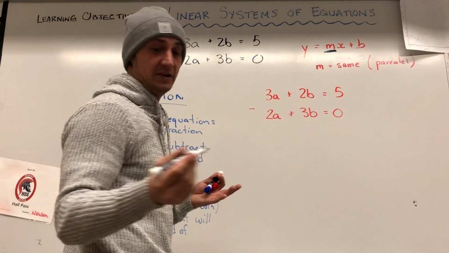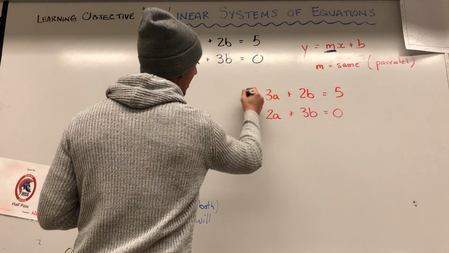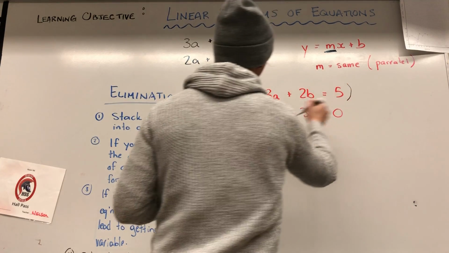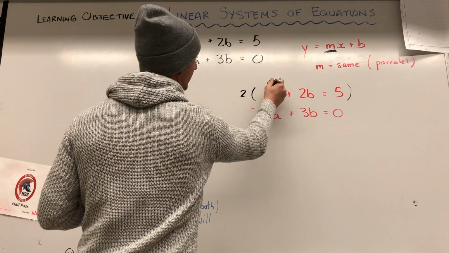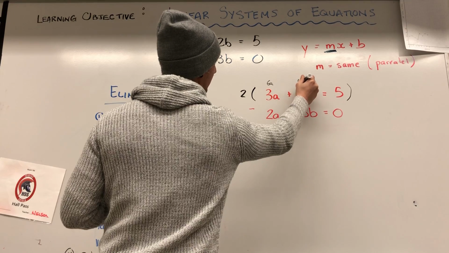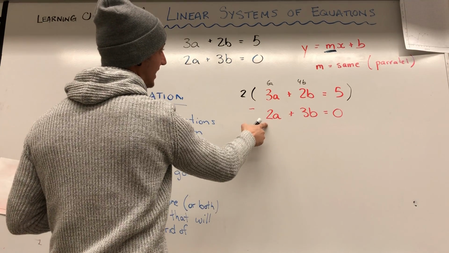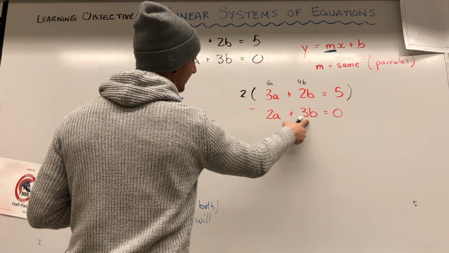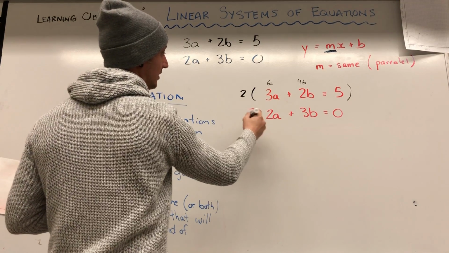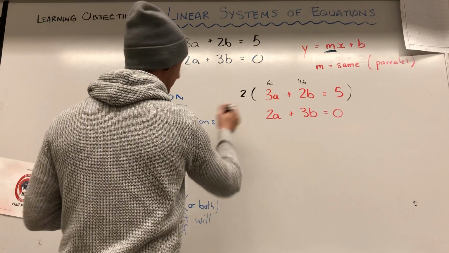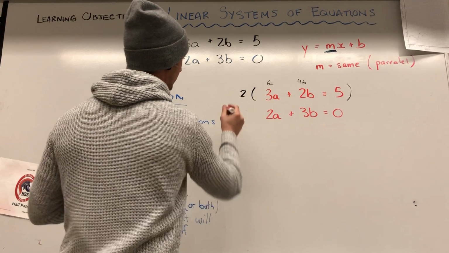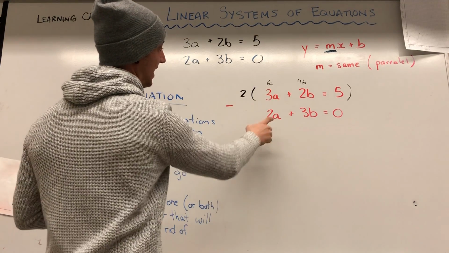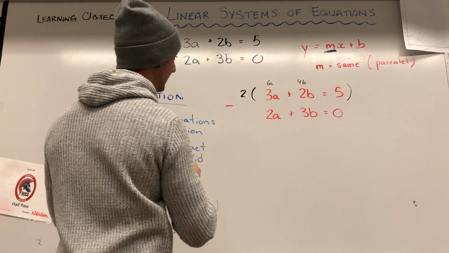So let's see what that would look like. And this might be a little guessing test. So if I multiply the top one by 2, this will give me 6a and 4b. What do I have to have down here in order for the a's or the b's to disappear? Well, let's try and get rid of the a's. So minus, I'm going to have 6a down here. How do I get 6a down there?